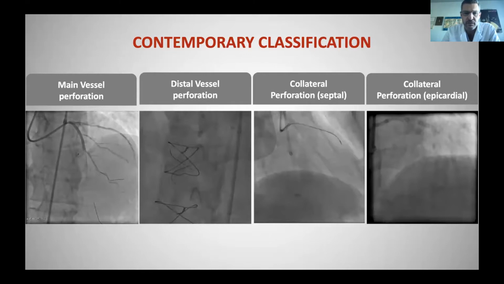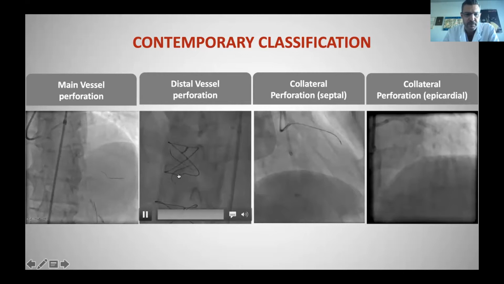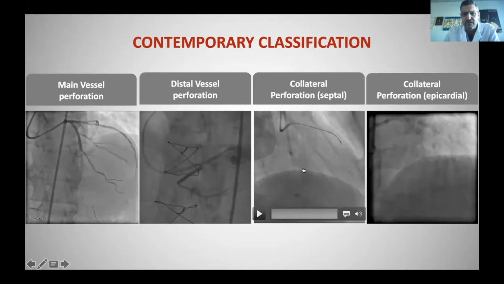If we start to talk about coronary perforation, we have to keep in mind that nowadays there exists a contemporary classification that is quite different from the previous one made by Ellis. Now we can classify the perforation according to the site in which it occurs: main vessel perforation, distal vessel perforation, and collateral perforation.